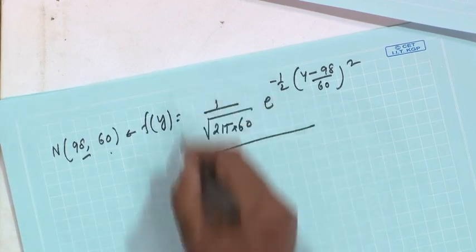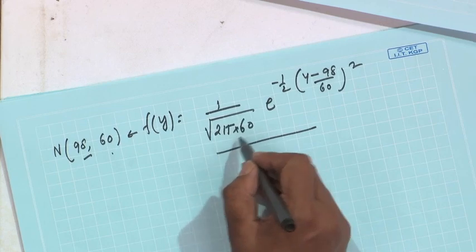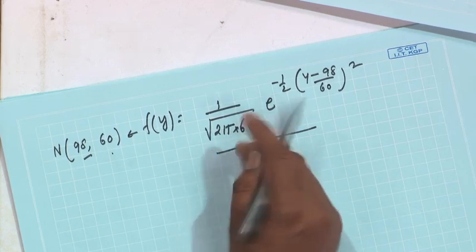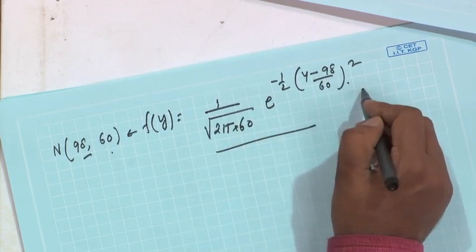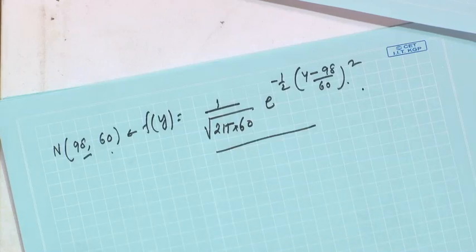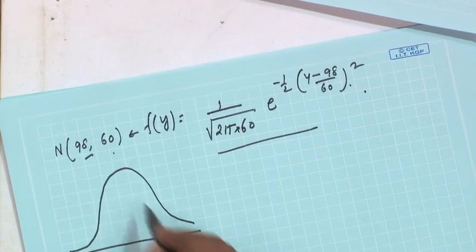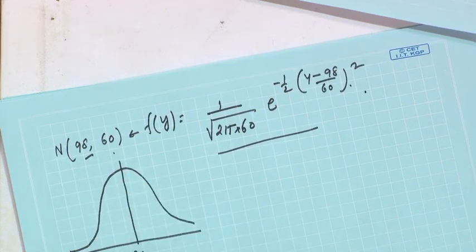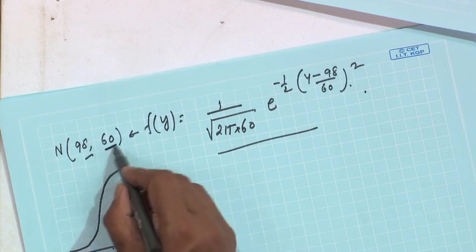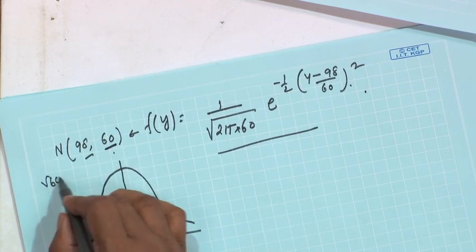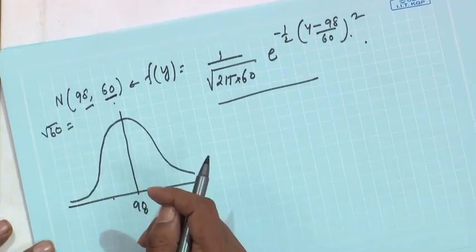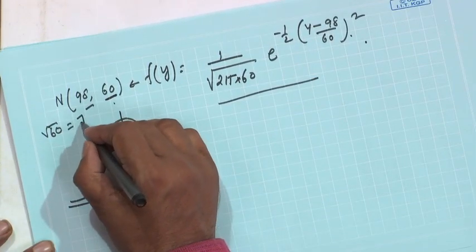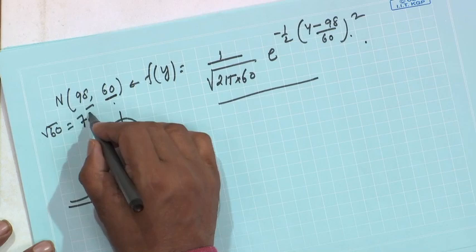You can summarize it, and ultimately this exponent will be there. The normal distribution looks like this, where the center is nothing but 98. If I go to 1 sigma, root 60 means 7 point something, say 7.75, let it be.